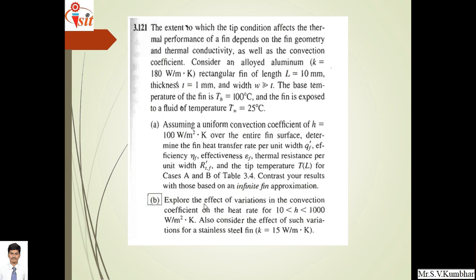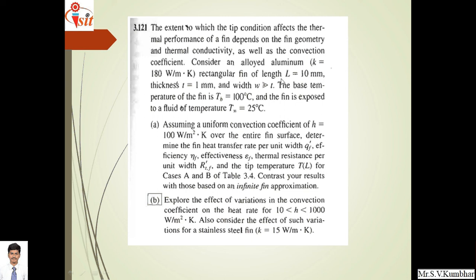Now we will solve a few numericals based on this. This is the first numerical, so try to read the numerical first. The extent to which the tip condition affects thermal performance of fin depends on the geometry and thermal conductivity as well as convection coefficient. Now consider an alloyed aluminum whose thermal conductivity k is equal to 180 watt per meter Kelvin.